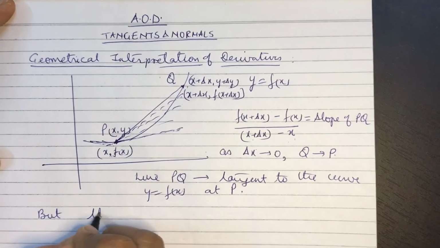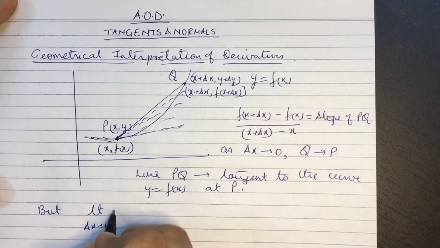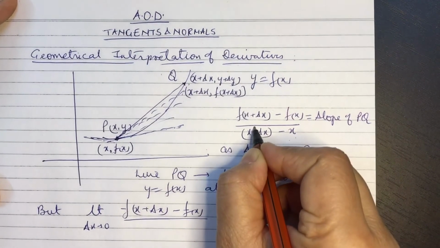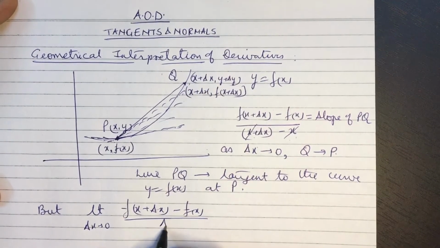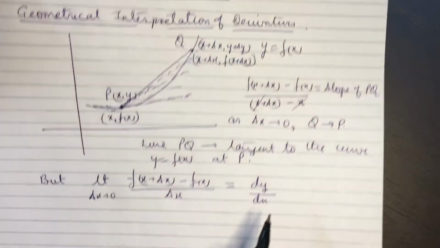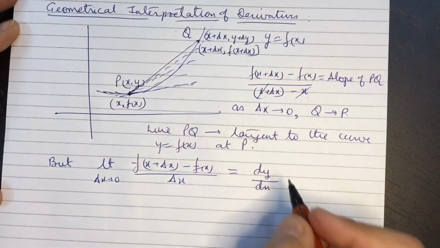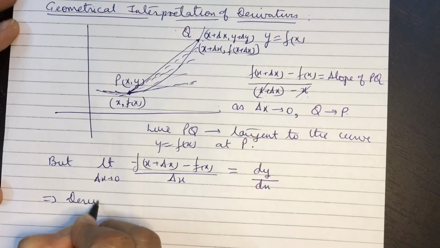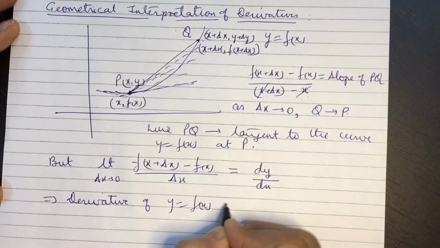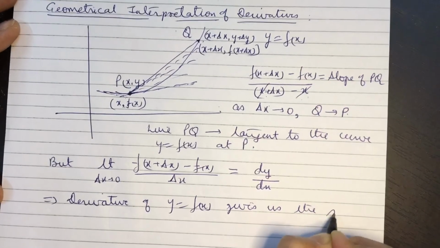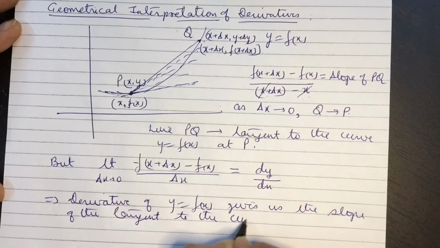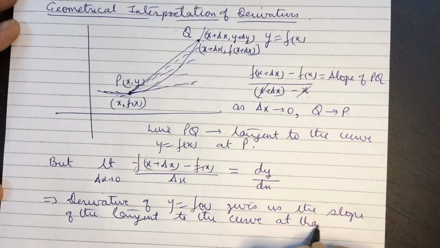But limit delta x tending to 0, f(x plus delta x) minus f(x) upon delta x, this gets cancelled and over here we get delta x, but this is nothing but the derivative of the curve at this point P. Okay, and it implies that the derivative of y equal to f(x) gives us the slope of the tangent to the curve at that point.